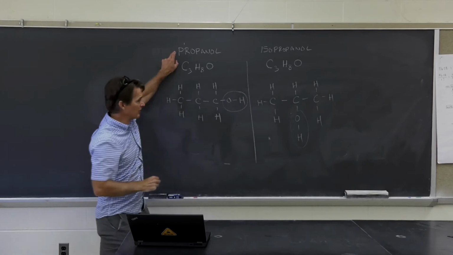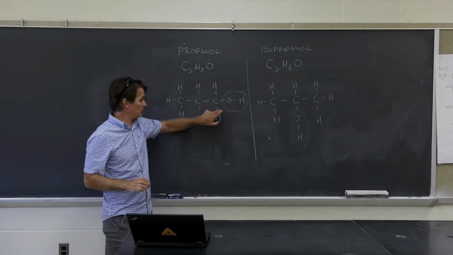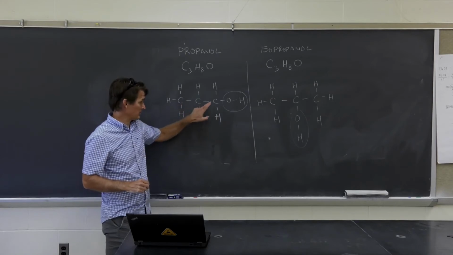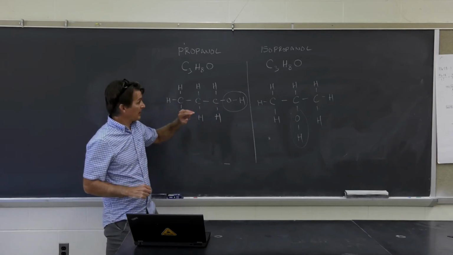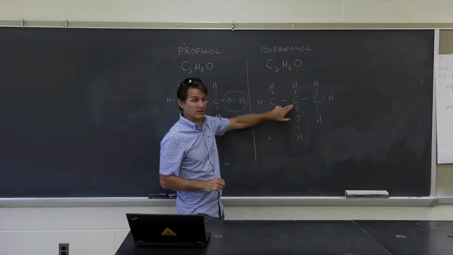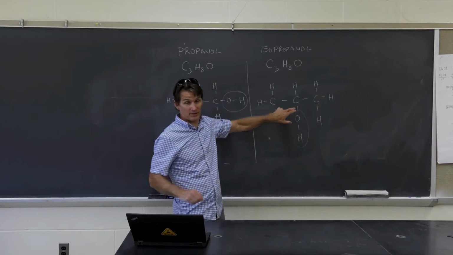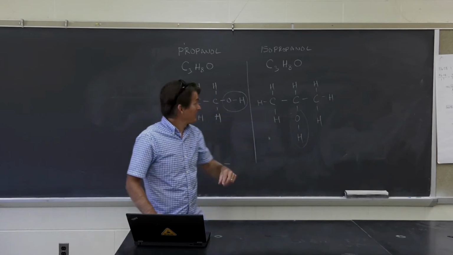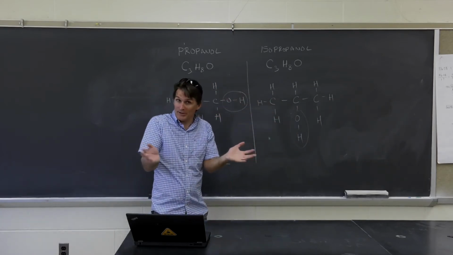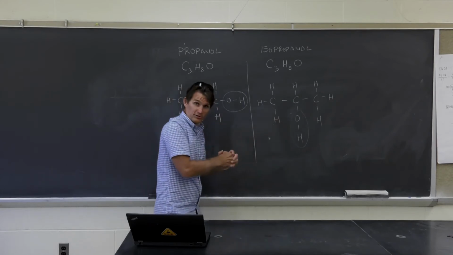In propanol, the OH group is going to be connected to one of the carbons on the end of the carbon-carbon-carbon line. In isopropanol, the OH group is connected to the middle carbon. And remarkably enough, that tiny little shift makes these 2 compounds different. They're similar, as you can probably imagine. I mean, they're very similar structurally.